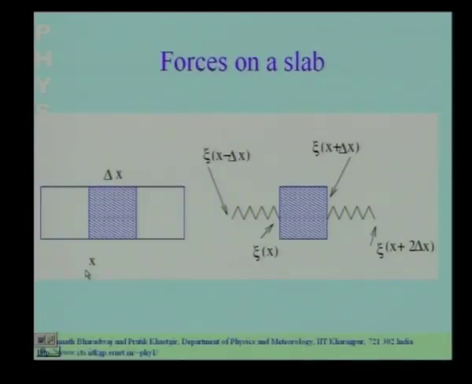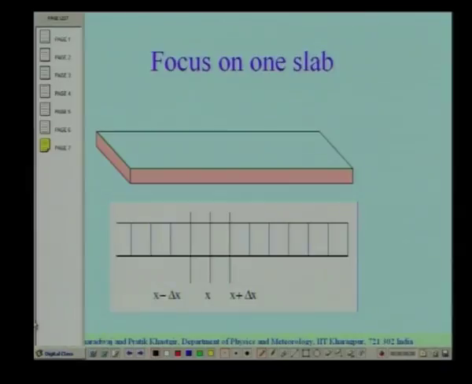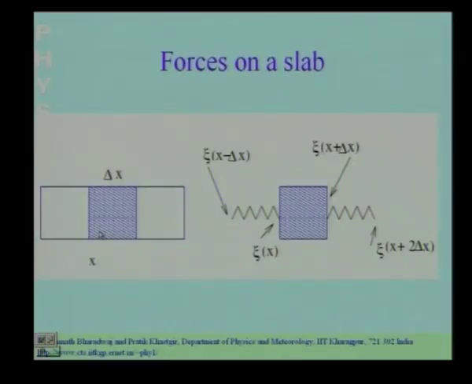We shall choose a particular slab and focus our attention on it. So, this shows you a magnified view of that particular slab which extends from x to x plus delta x.